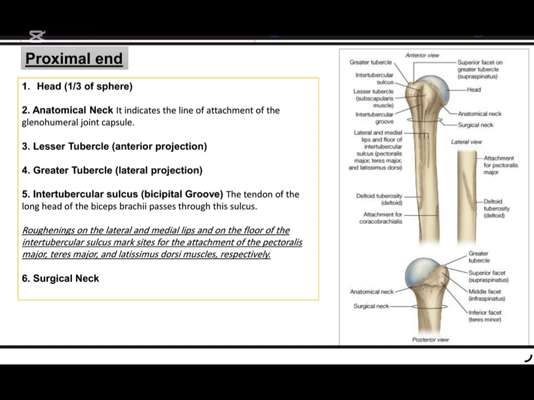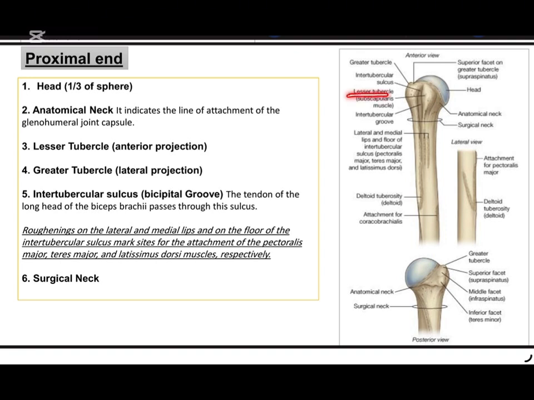Yes, it's a common site of fracture. Okay? Then we have tubercles. Laterally I have a large tubercle, I call it the greater tubercle. Anterior to it I have a smaller tubercle. We call it the lesser tubercle.